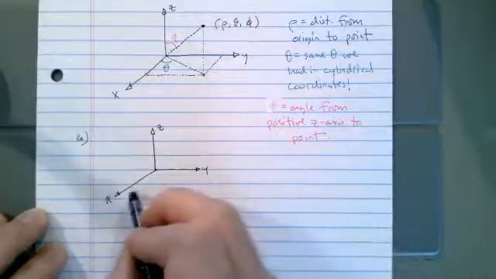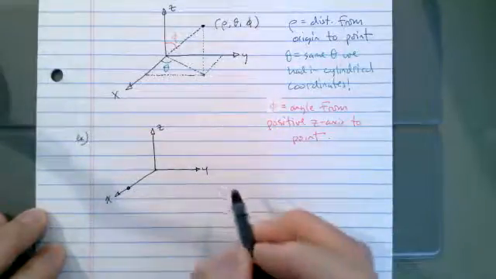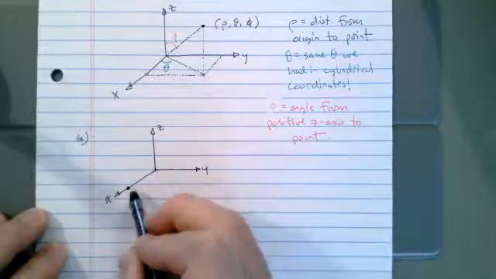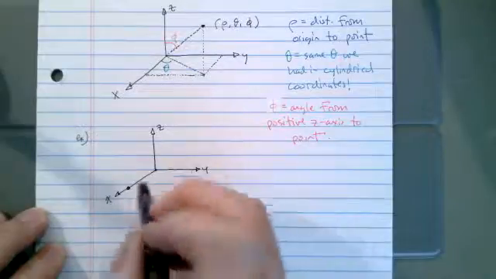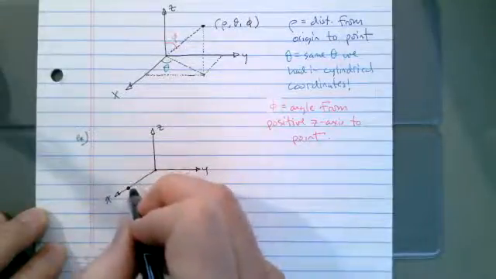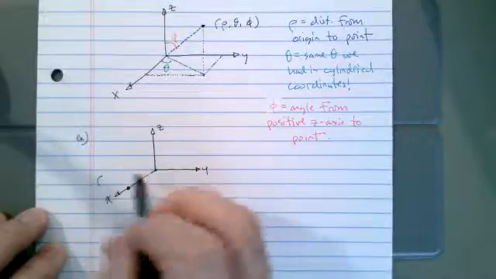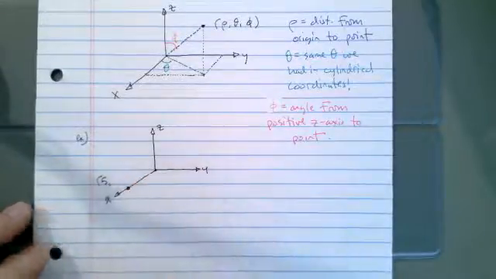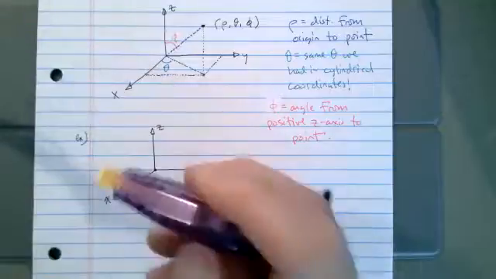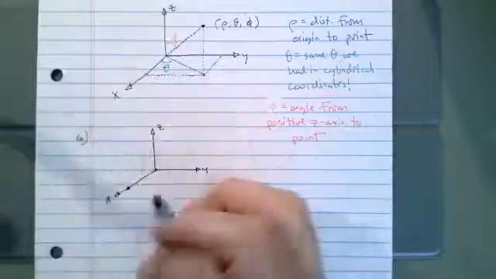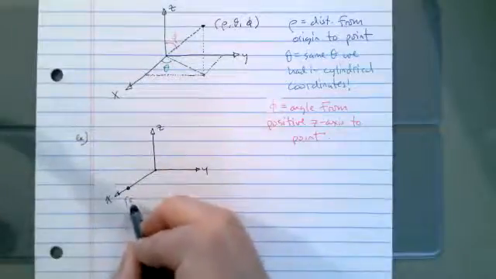Let's suppose I have this point, and it's 5 units from the origin. So here's the origin. This point is 5 units from the origin. So the distance from the origin is 5.